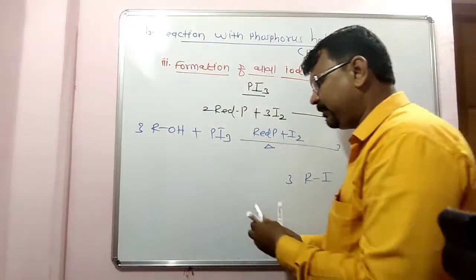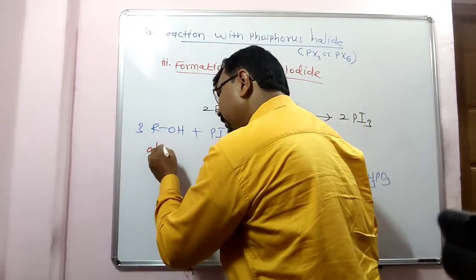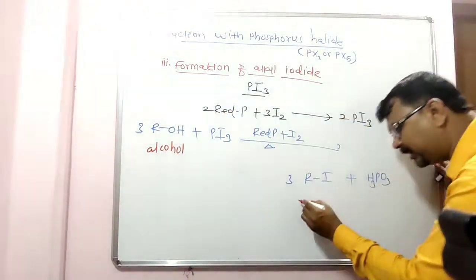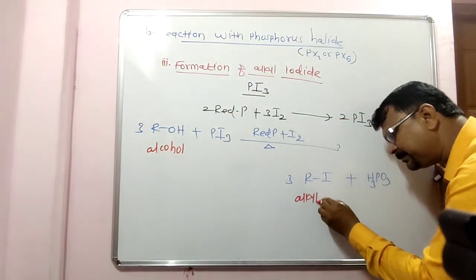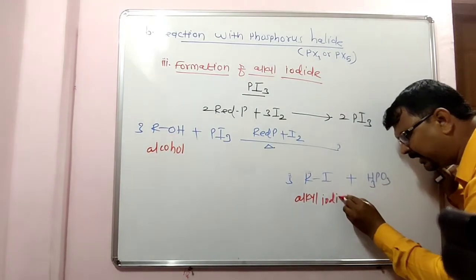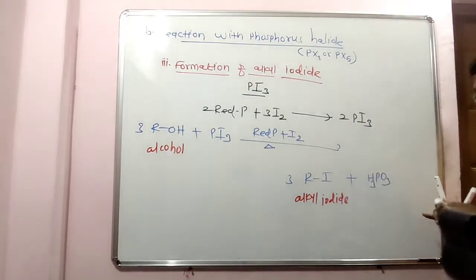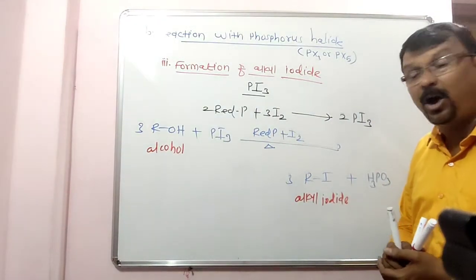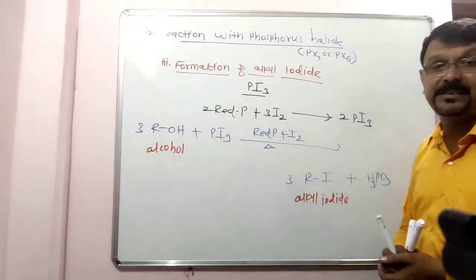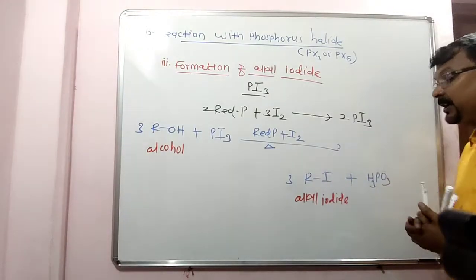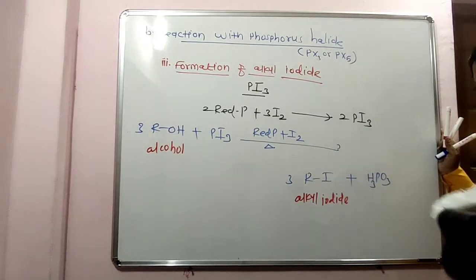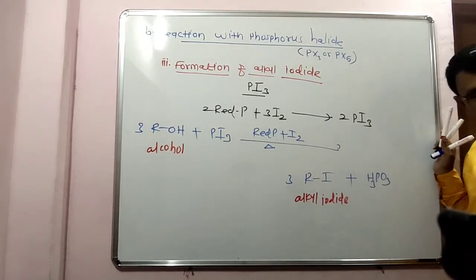Name of the compound: alcohol. Name of the product: alkyl iodide. Correct? Yes. Look here, an alcohol heated with phosphorus triiodide, or a mixture of red phosphorus and iodine, gives the corresponding alkyl iodide.